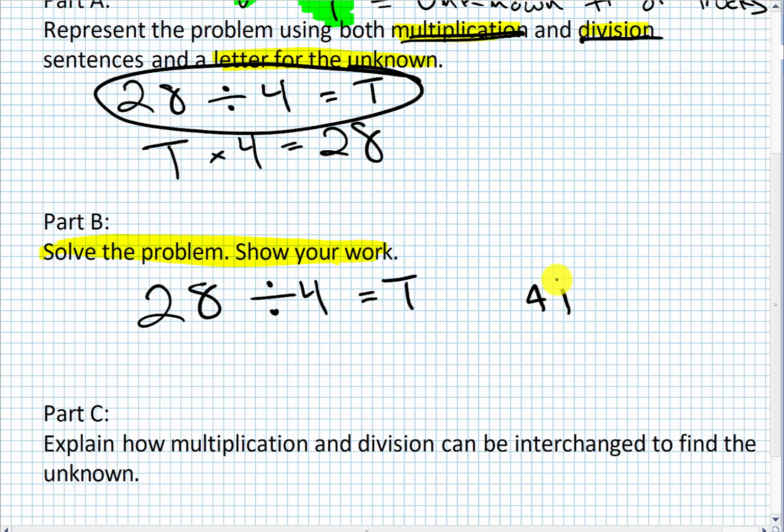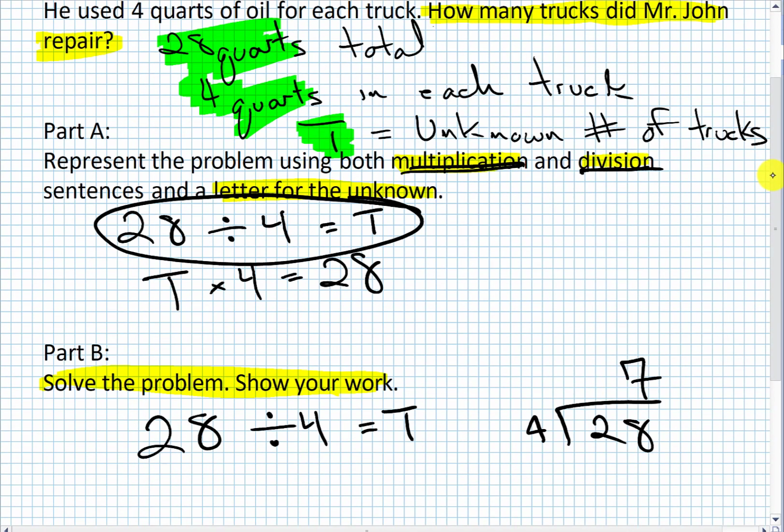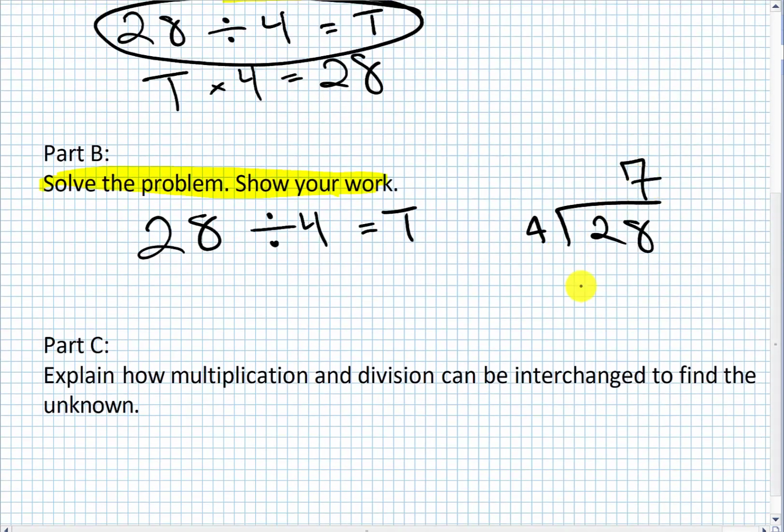So that is 4 into 28. 4 goes into 28 7 times. 7 times 4 is 28. 28 minus 28 is 0. So 7 is the total number of trucks.